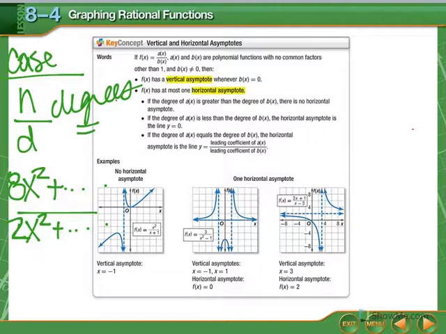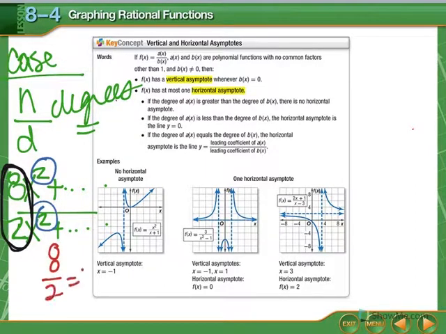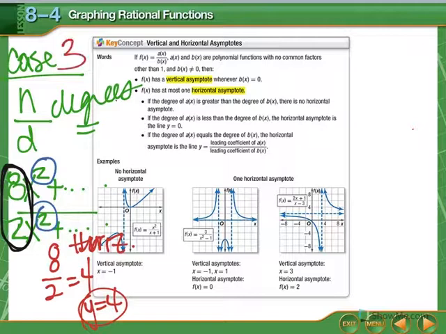If the degrees end up being the same, you're going to revert to the leading coefficients on those two x values. You would take 8 divided by 2, which is 4. So that means your horizontal asymptote would be at y equals 4. So there's 3 cases.